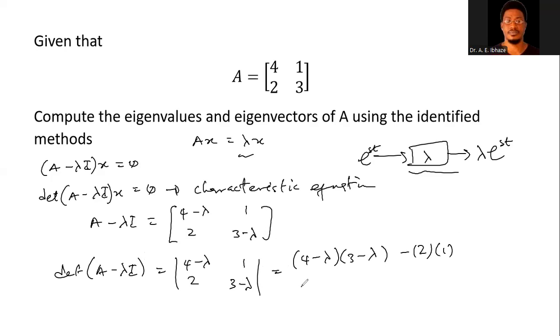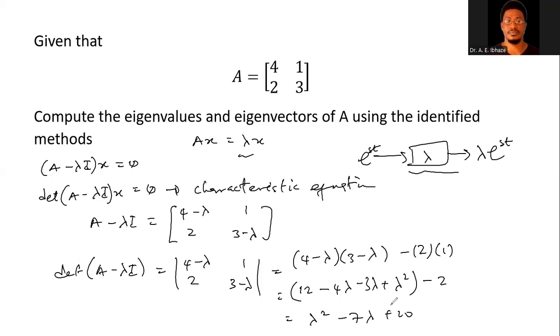This is 12 minus 4 lambda minus 3 lambda plus lambda squared, minus 2. So this gives us lambda squared minus 7 lambda plus 10.